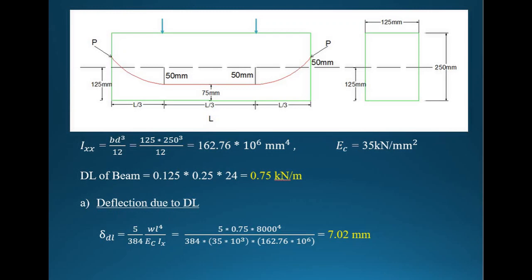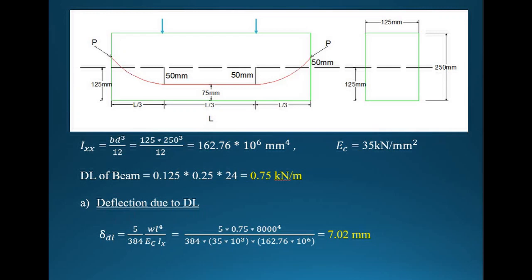The deflection, whether short term or long term, is always affected by the deflection due to dead load, deflection due to live load, and deflection due to pre-stress. We don't know how much the live load is here. It is unknown, it will be W here. But we can find out how much the dead load will be.